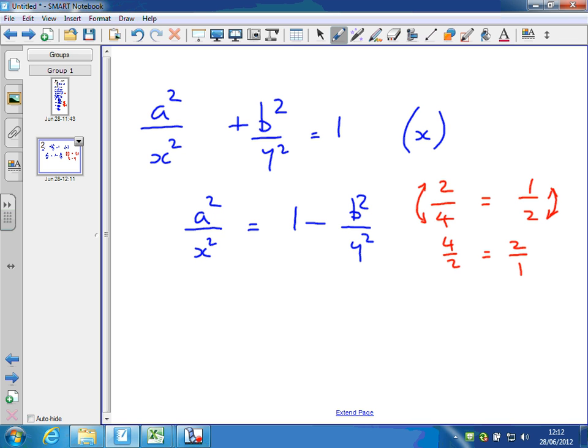And that's still true. So if I've got one fraction on one side and one fraction on the other side, I can invert them both. And if you look at the problem we have here, the x squared is underneath. So if I were to flip that fraction, I'd have x squared over a squared, which would be really handy.